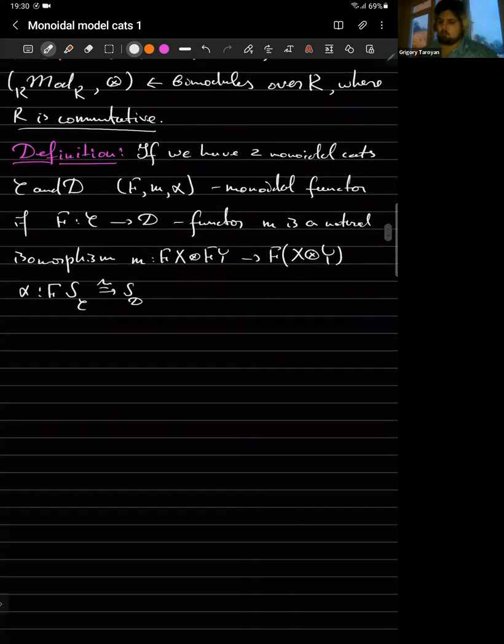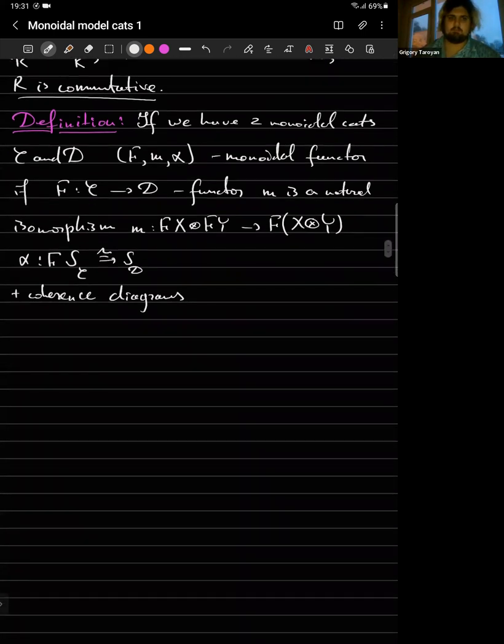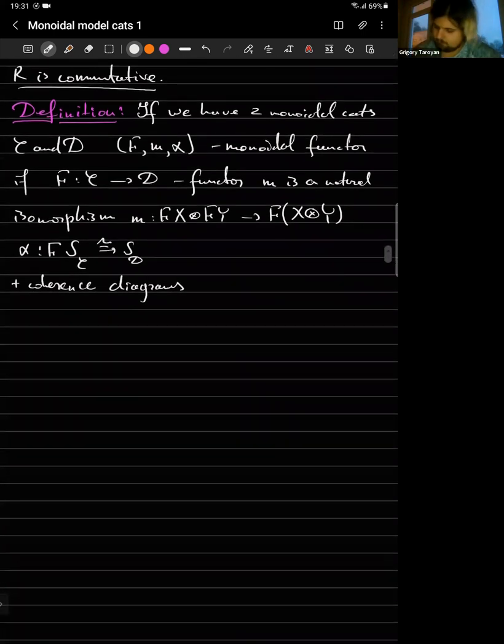And of course, we once again have coherence diagrams, which say that everything should be associative, everything should be compatible. Yeah, so plus coherence diagrams.